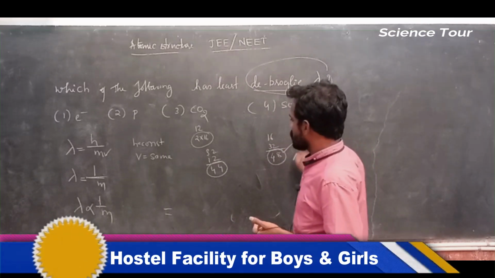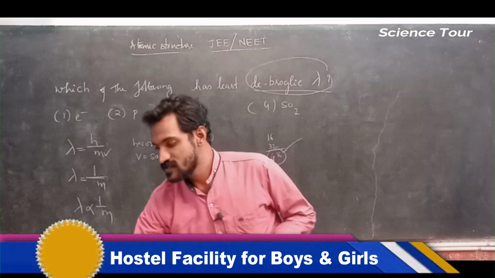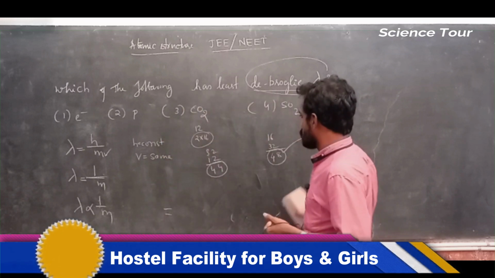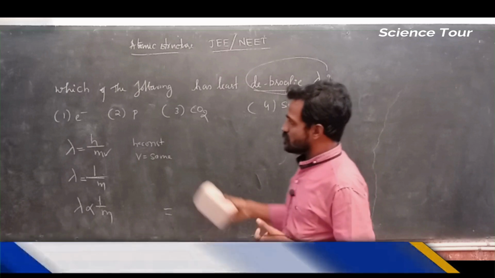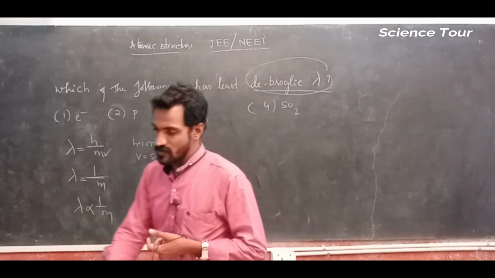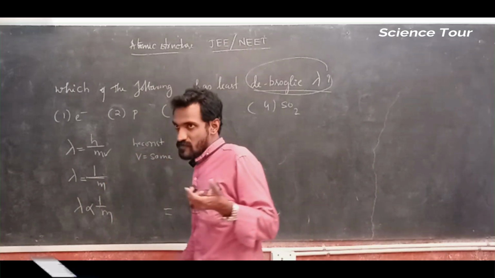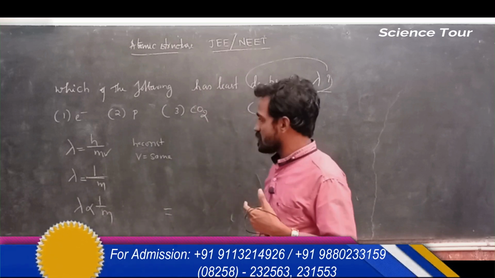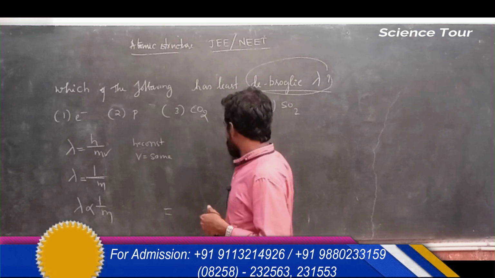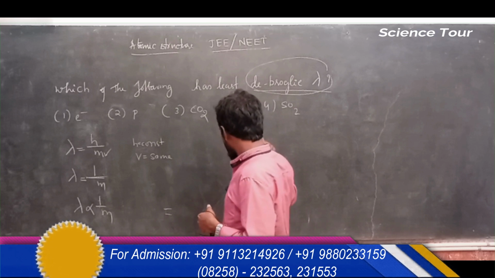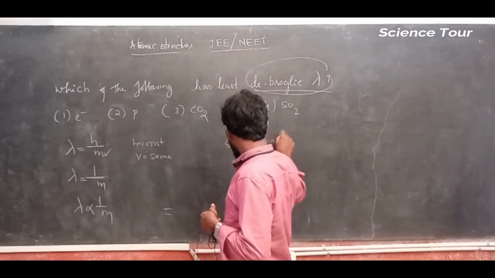Sulfur dioxide has the highest mass. Correct? Sulfur dioxide has the highest mass compared to carbon dioxide, compared to electron, compared to proton. Proton and the others have the least mass, because these are molecules. Molecules have the highest mass. Sulfur dioxide has the highest mass.